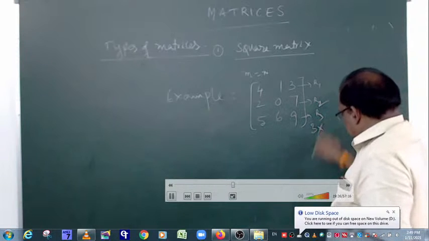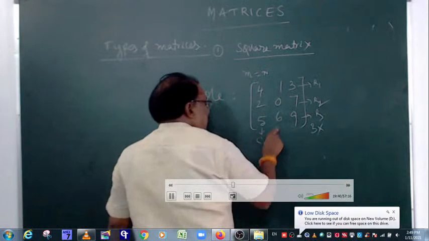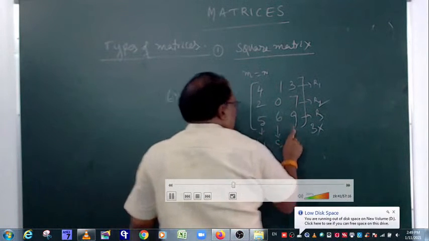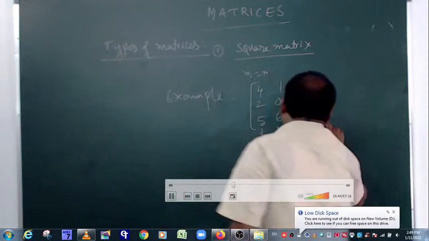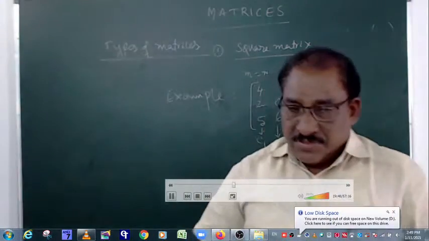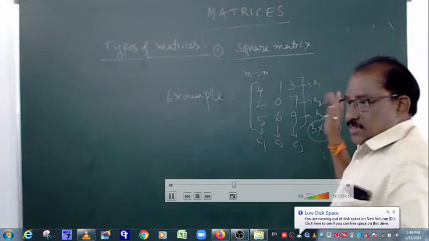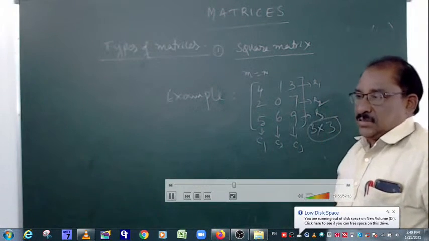Here 3 by 3. Like that, column 1, column 2, column 3. How many columns are there? 3. So 3 rows and 3 columns. This is called a square matrix.